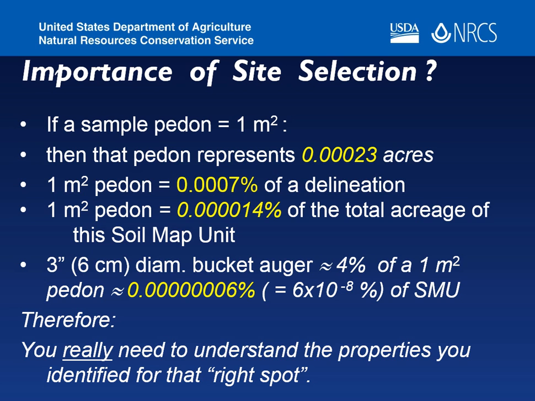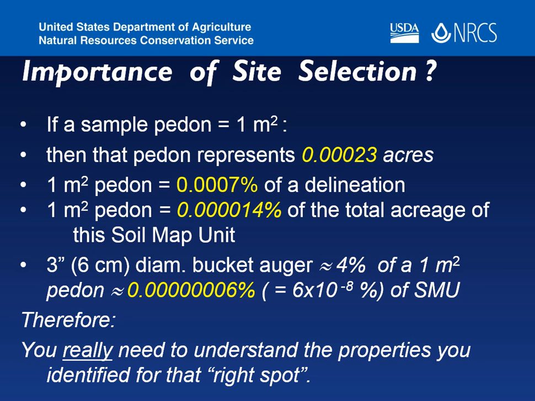That doesn't mean much for that entire survey area. That 1 square meter is only about 0.007% of a delineation, of a population, of an individual. And then that 1 square meter only equals about 0.00014% of the entire soil map unit.